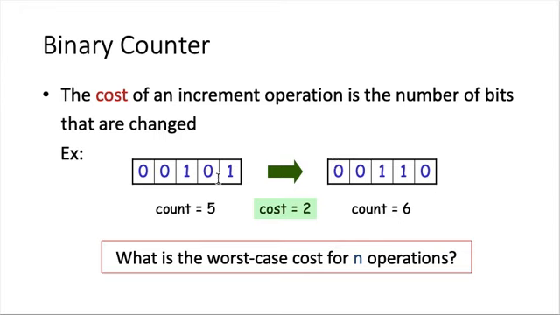We can see that this bit is changed from 0 to 1, and the last bit is changed from 1 to 0. In such a case, because there are 2 bits changing, the cost of this operation is equal to 2. Suppose that we are going to run this increment operation n times. What will be the worst case cost for n operations?